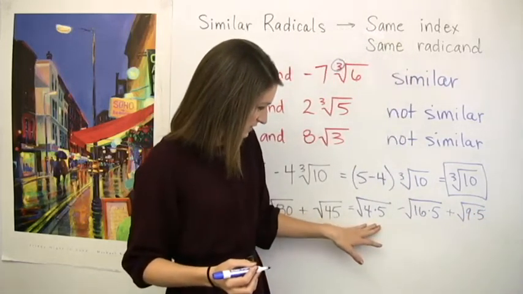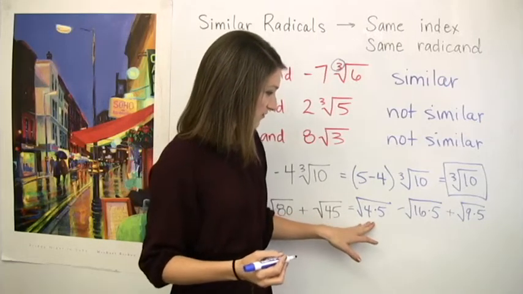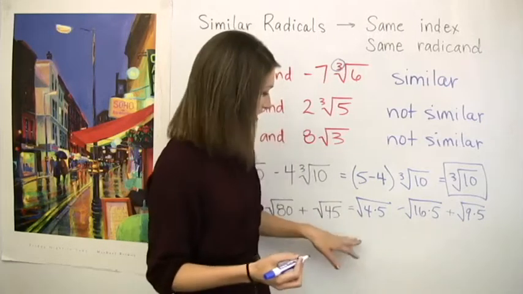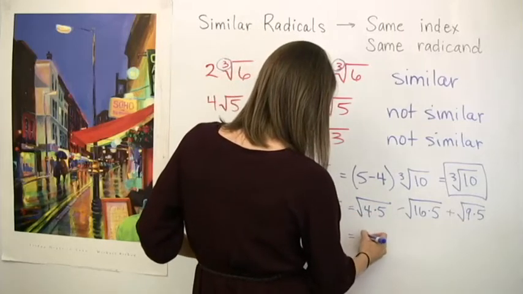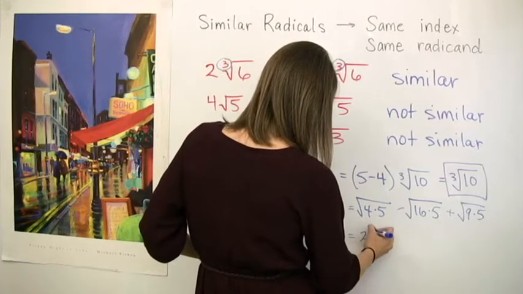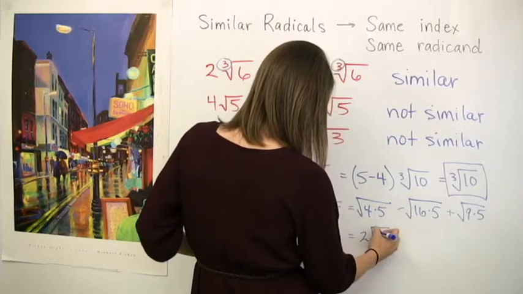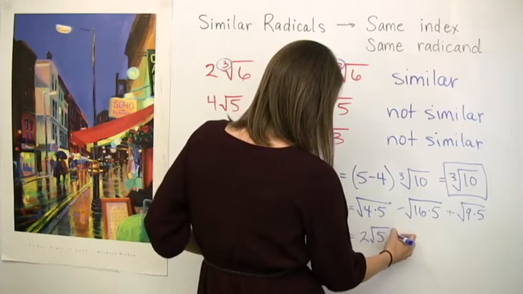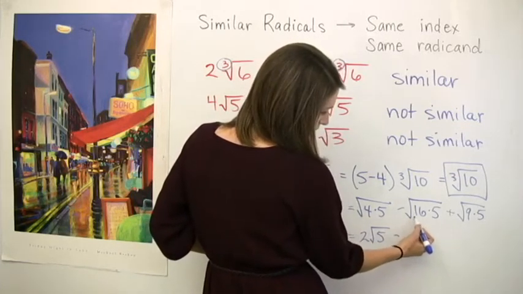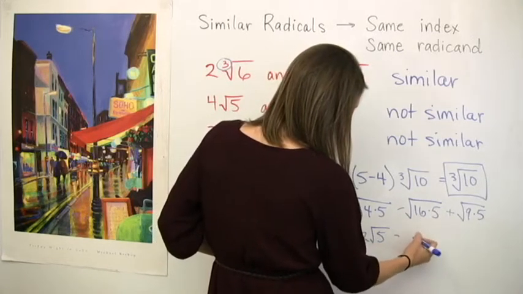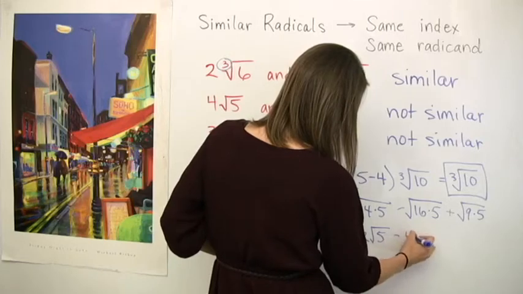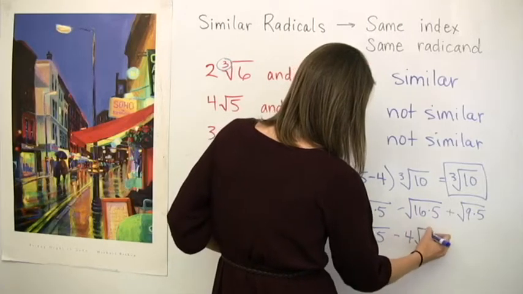So then we look at these factors under the radical signs and we find some perfect squares. So the square root of 4 here we can write as 2, and then the remaining factor under the square root sign is 5. And then we subtract square root of 16 times 5, we've got a perfect square in 16, so the square root of 16 is 4. That's times the square root of 5.